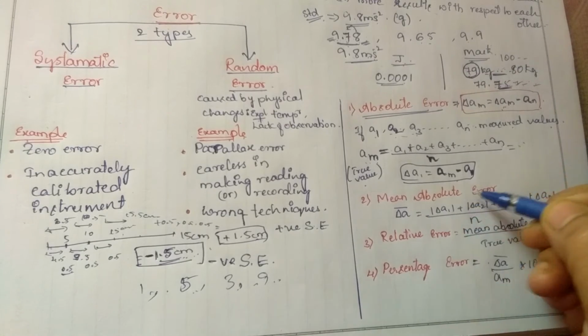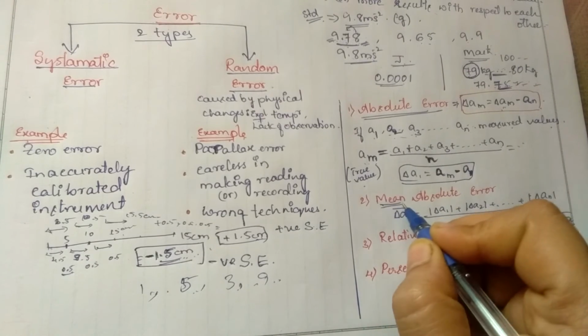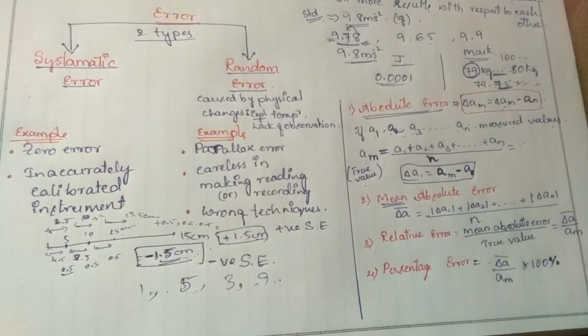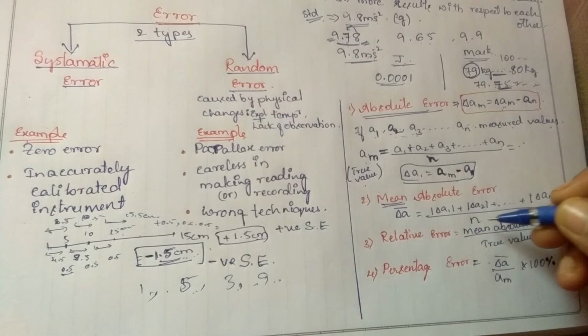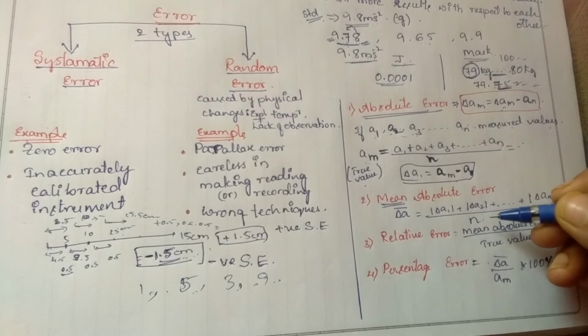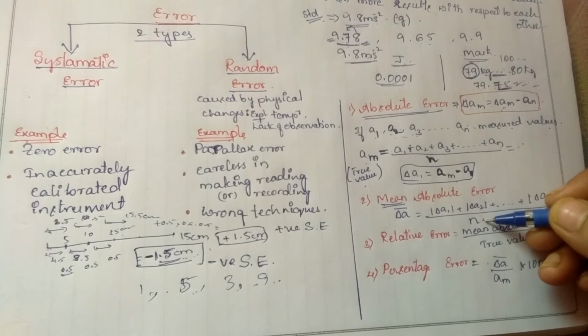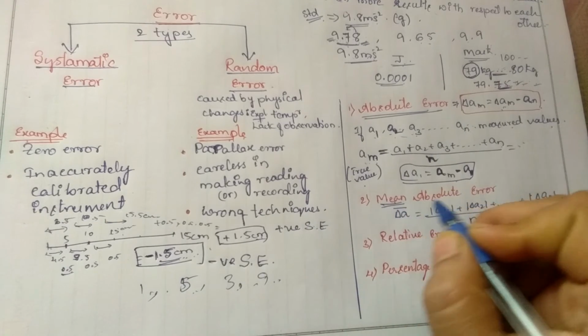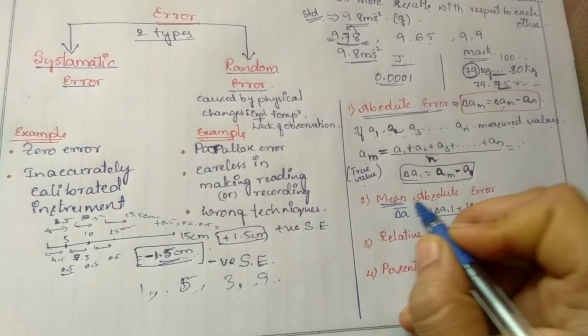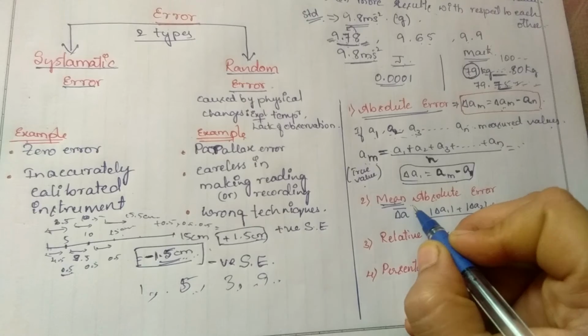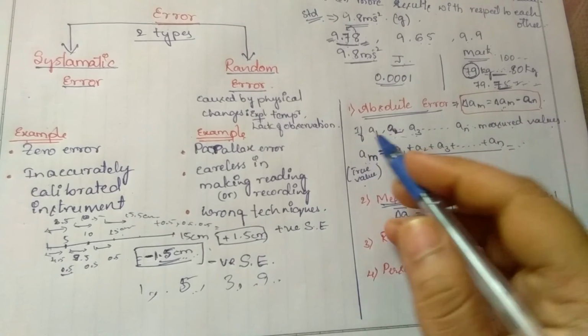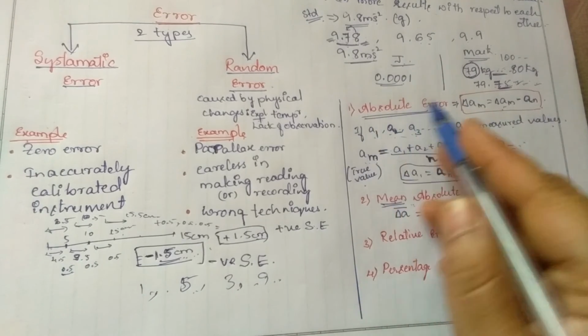Next, mean absolute error. What does mean refer to? We have to calculate the total of the absolute errors and divide it by the number of trials, or the number of absolute errors. So this is the mean absolute error, the arithmetic mean of the magnitude of absolute error.